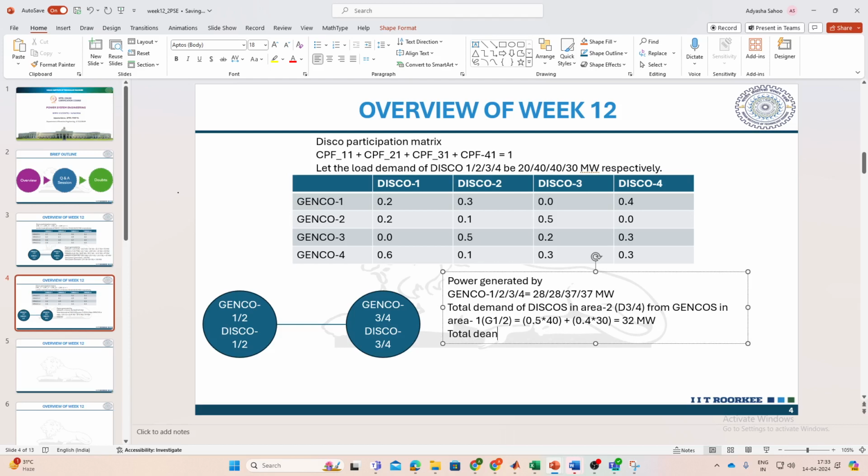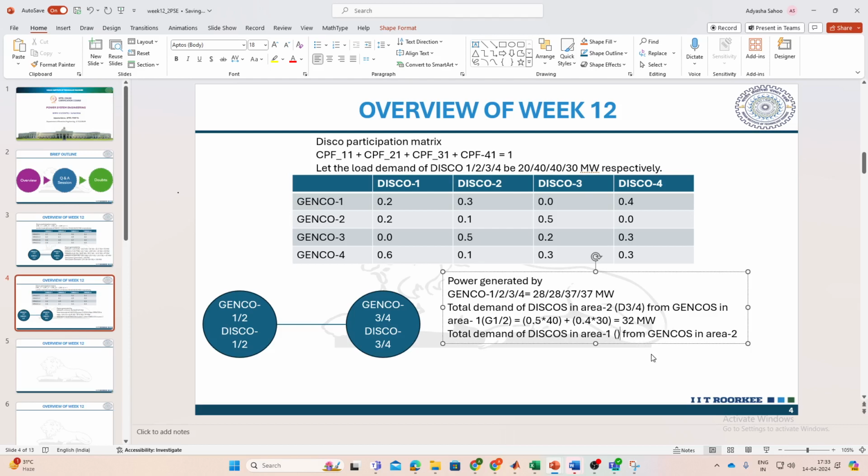Next, we need to calculate the total demand of DISCOs in area 1 from GENCOs in area 2. So which are the DISCOs in area 1?